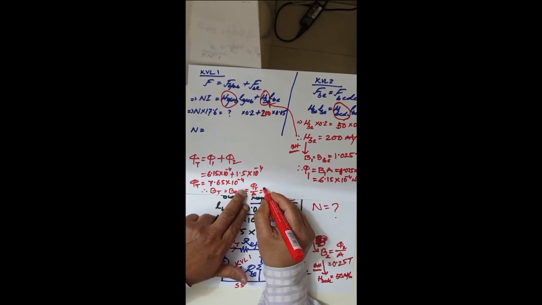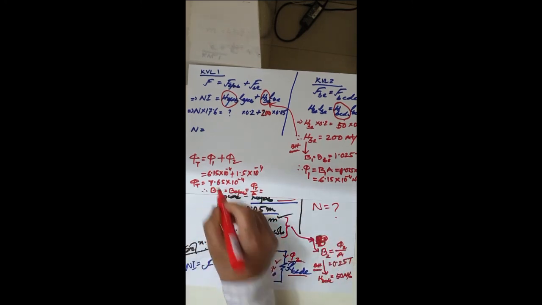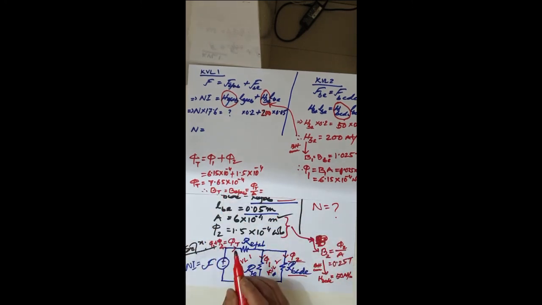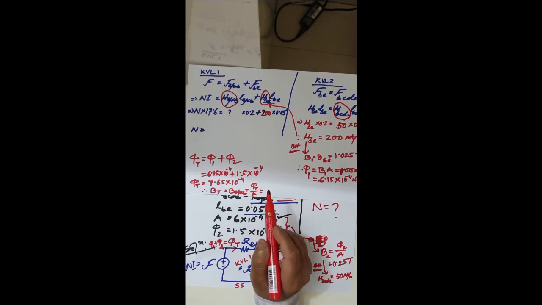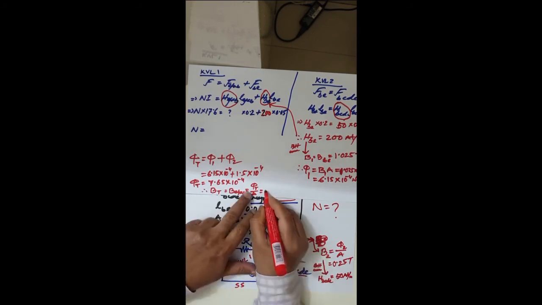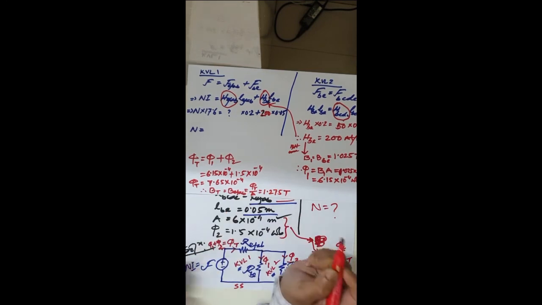If you divide phi t by the area, you get 1.275 Tesla.